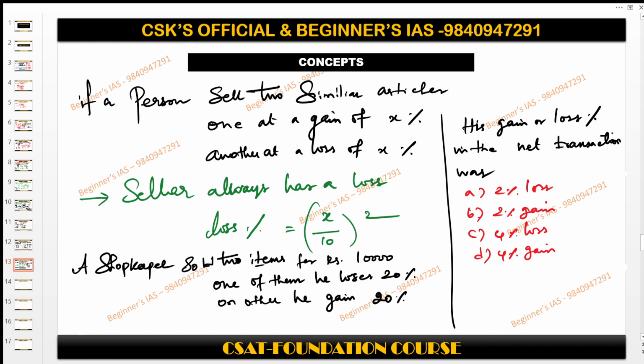You can eliminate two options first, since it always gives you a loss only. To find the loss percentage, here x is nothing but 20. So 20 by 10 the whole square, 2 square is nothing but 4 percentage. Therefore 4 percentage loss occurs here. Hope people are getting it.